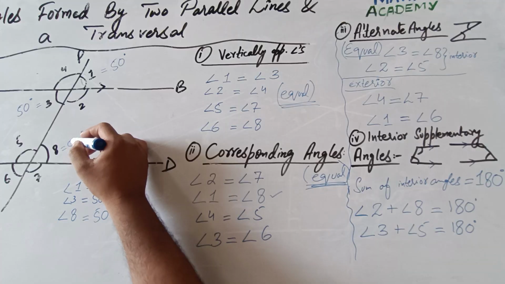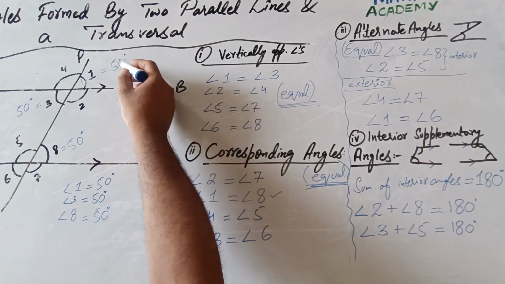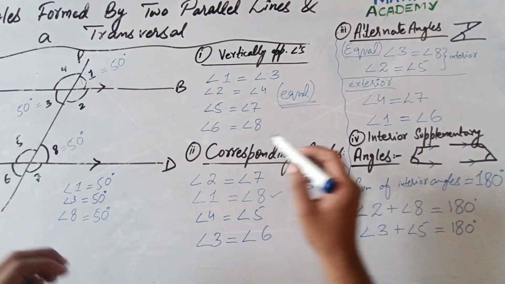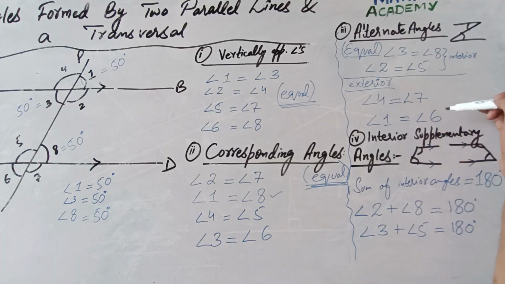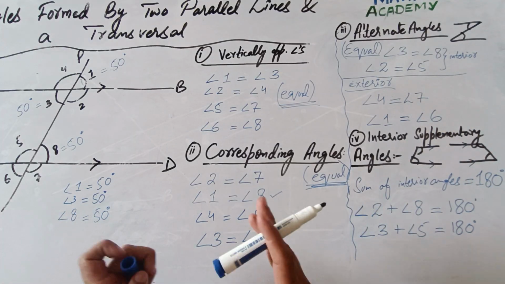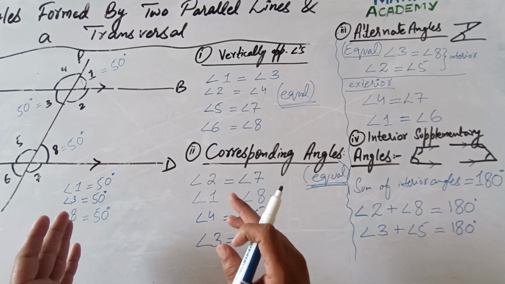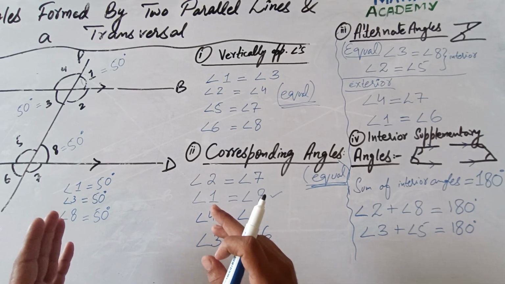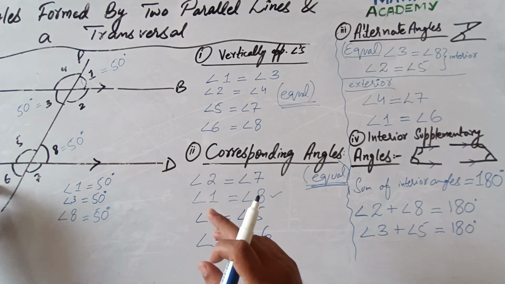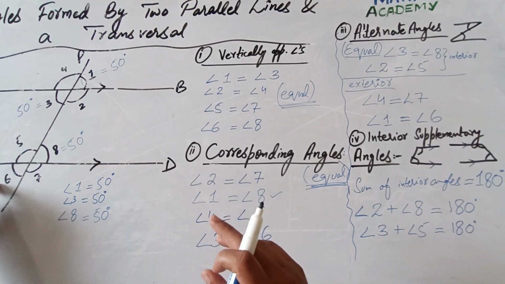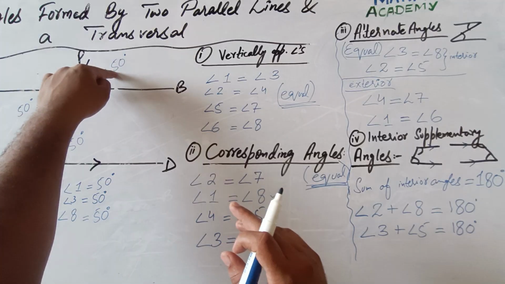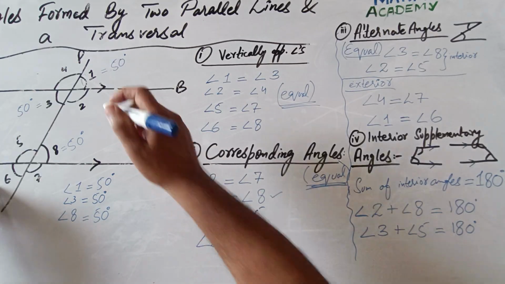Now similarly, angle 1 and angle 6. There can be more than one property applicable at a single time. So we can apply the vertically opposite angle property, and we can apply the alternate exterior angle property over here.